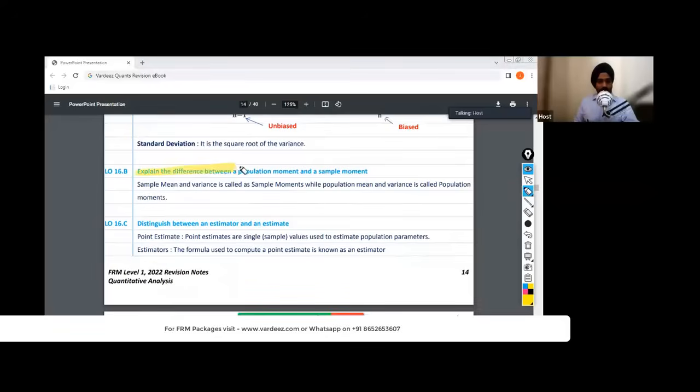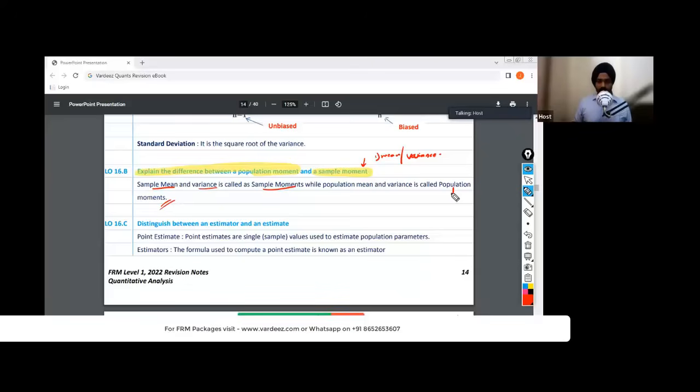Okay, moving on to the next learning objective. Explain the difference between a population moment and a sample moment. What are moments? Moments help you to describe your data. So here, the two moments that we are looking at are the mean and the variance. Fair enough, no problem. Sample mean and variance are called sample moments, while population mean and variance are called population moments.